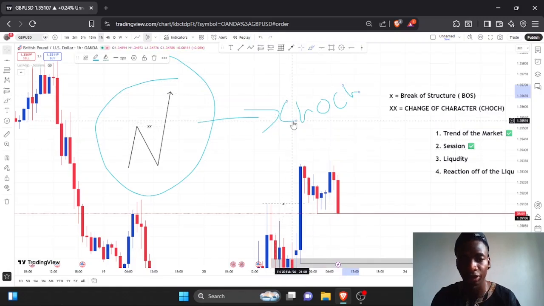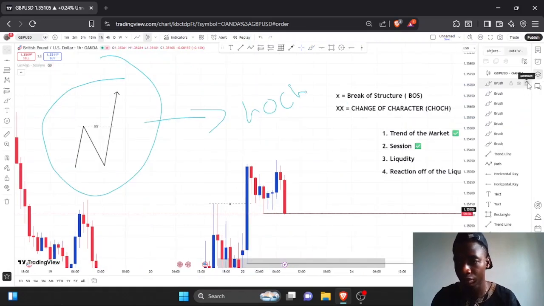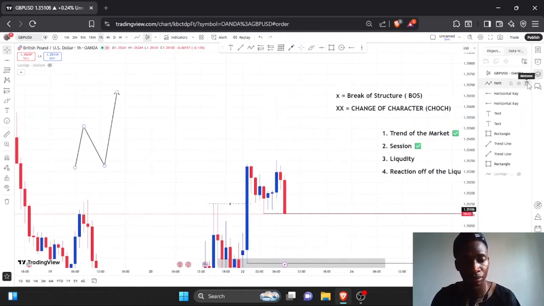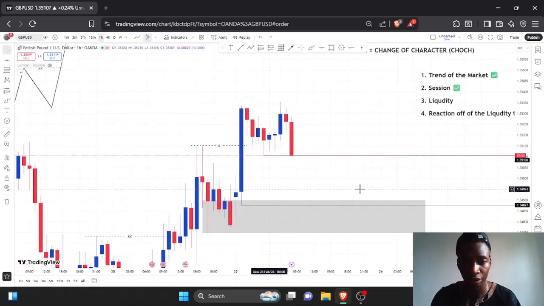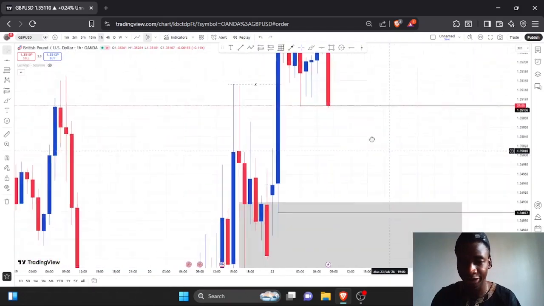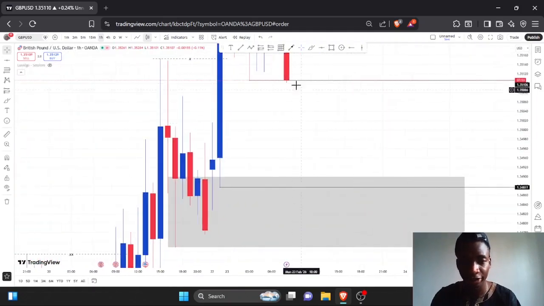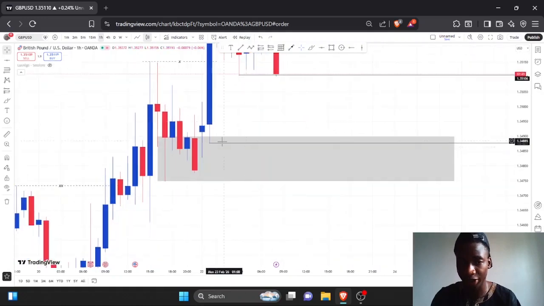I'm waiting for a change of character. So as you can see, we are waiting for the market to react off of it. If the market continues dropping, we are going to be targeting this liquidity.